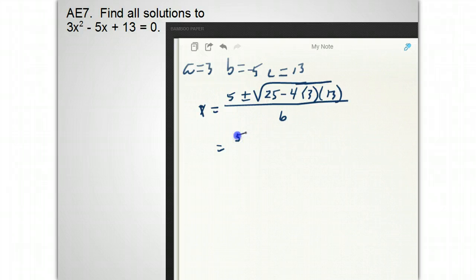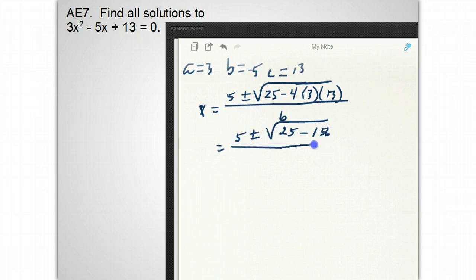Well, our numerator is 5 plus or minus the square root of 25 minus 12 times 13, let me save you the trouble, is 156.